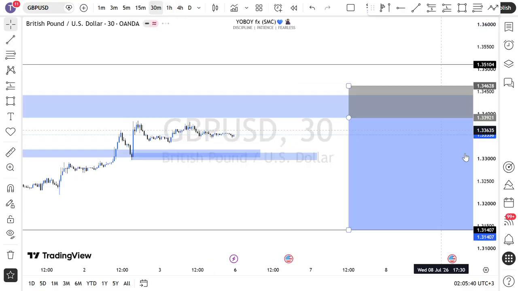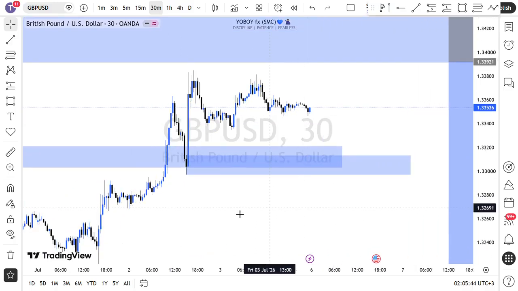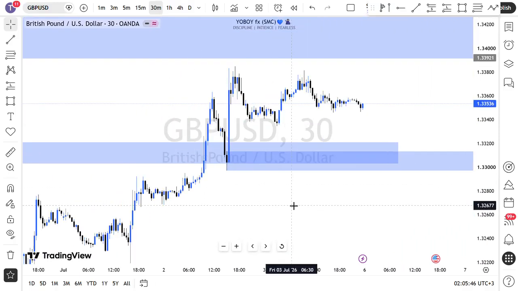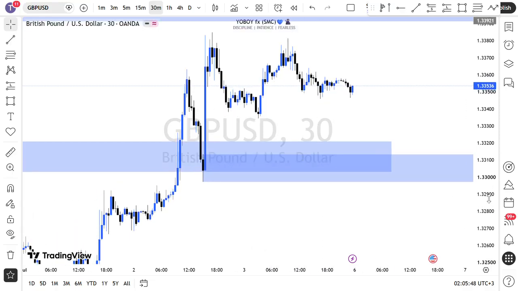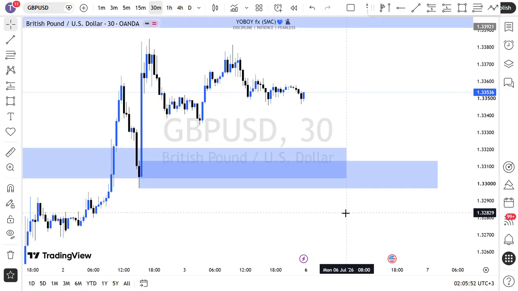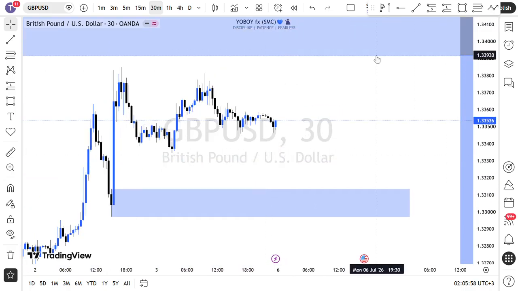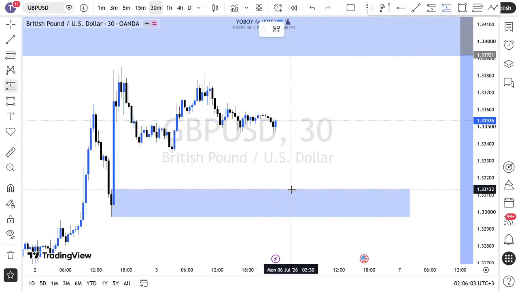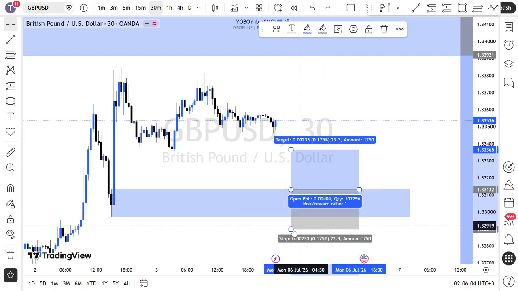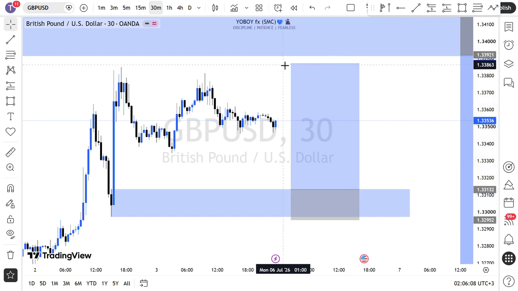So currently, the best thing to do is to wait for a pullback into that area. This order block is around that support and resistance level, which adds more influence. So we'll be looking for buys from this area, guys. We look to take our buys from that support and resistance level, and then we can target that point of interest.